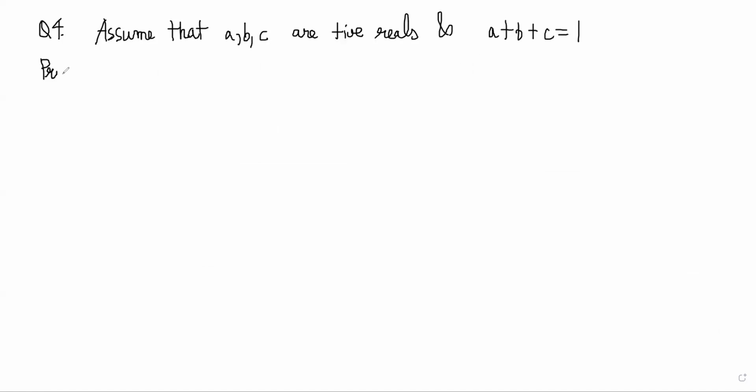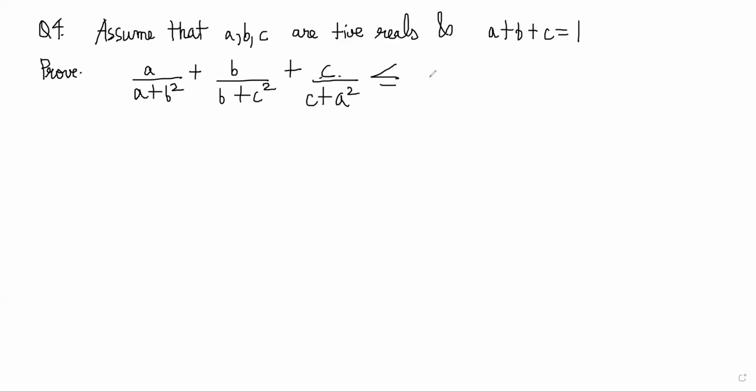We have to prove that A by (A plus B) square plus B by (B plus C) square plus C by (C plus A) square is less than or equal to 1 by 4 times (1 by A plus 1 by B plus 1 by C). So here we have to try and simplify these terms somehow.